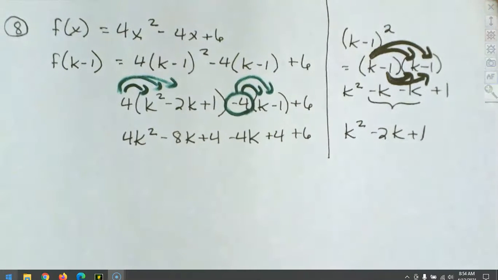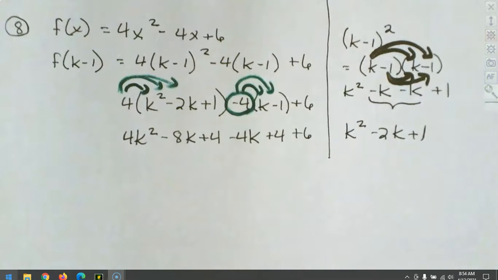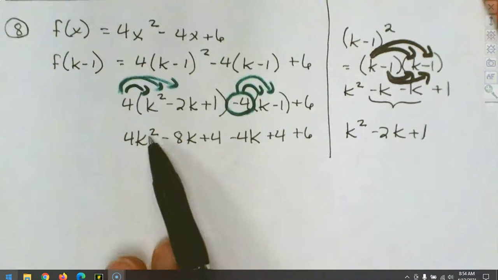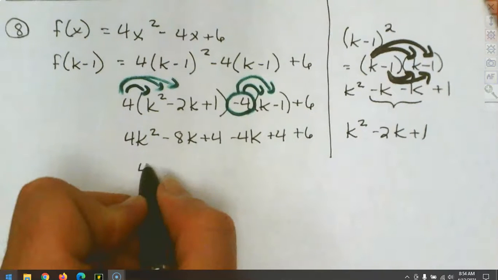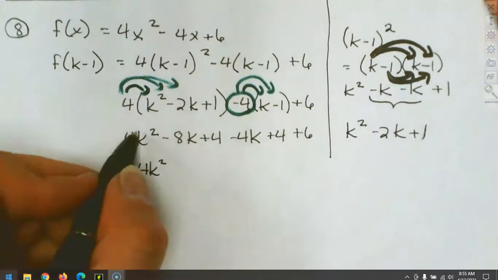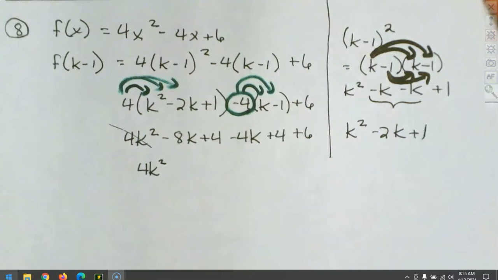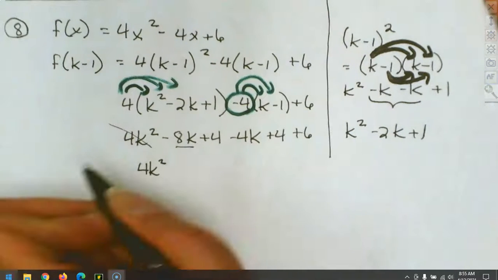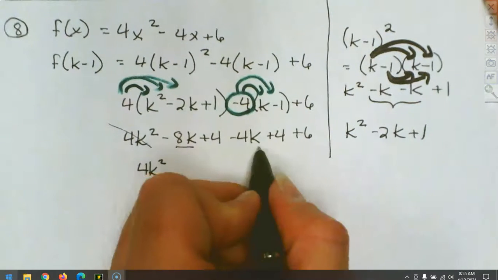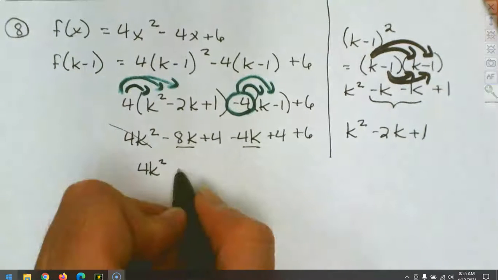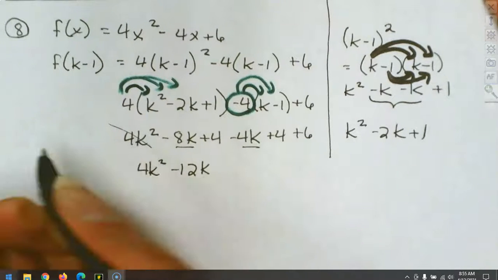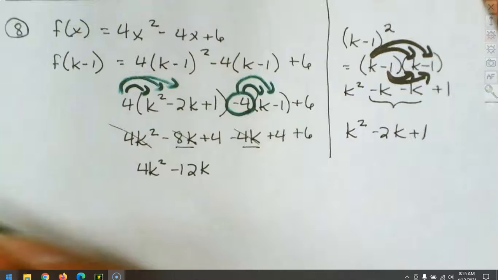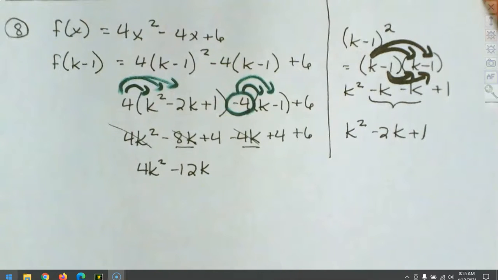6. When we write polynomials, we always write our highest power first. That's just the general way that we write them. So what's our highest power? K squared. So that 4k squared is written first, so that's gone. Then we look at our k's. So what do we have? We have minus 8 and minus 4. That makes it a minus 12k. Gone and gone. And then what do we have left over?